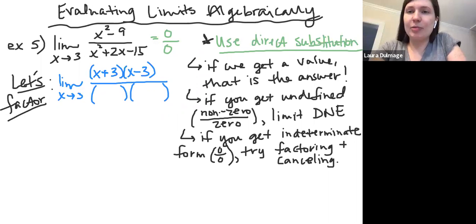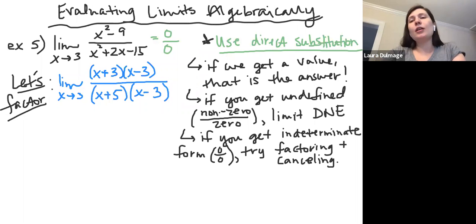Nice. So x plus 5, x minus 3. Okay. So if you were to FOIL either one of these out, we get back to the respective numerator or denominator. All right, so we factored.